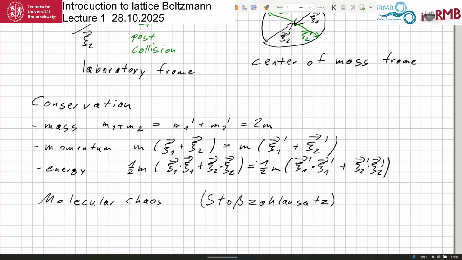Yeah? So everything is dependent just on the number of collisions, while molecular chaos means, okay, there are no correlations between these collisions. So both of them mean the same thing, because if you say that everything just depends on the number of collisions, then you forget about correlation. So it's meaning the same thing, but two different aspects. So it's actually useful to write both here. Yeah, it's molecular chaos and Stoßzahlansatz.